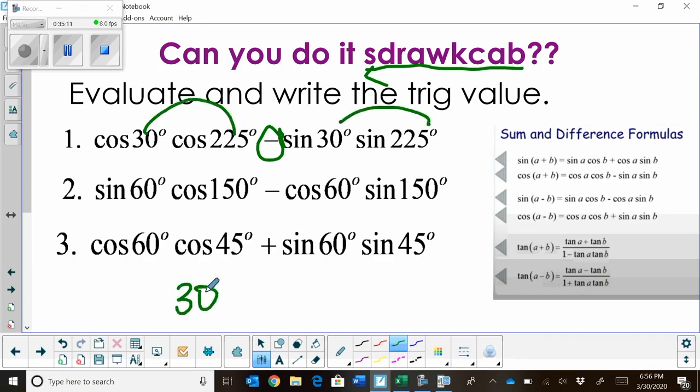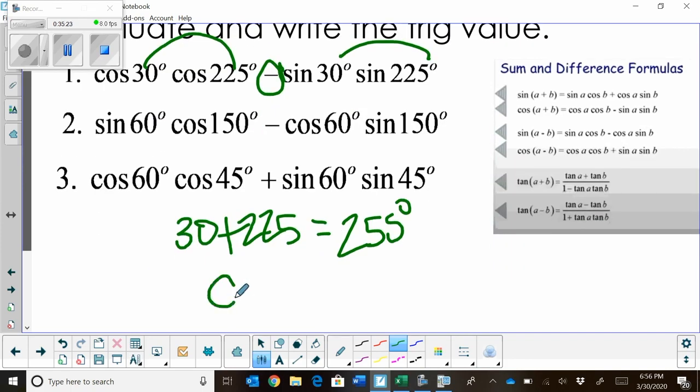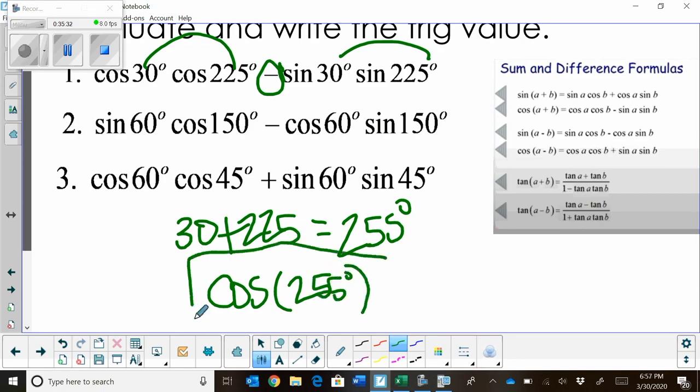So 30 plus 225 is 255. So really, what are we evaluating? We're evaluating the cosine of 255. That's all we're doing. We're looking at the formula, seeing if it's the sum or the difference, and then squeezing it back together and deciding what it is.